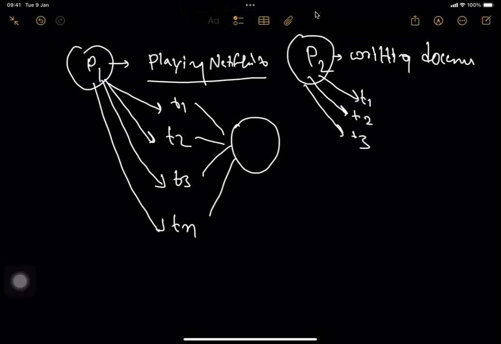Now, the next difference, between process and thread. Take the example of P1 and P2. P1 and P2 are two different processes, and each process has its own memory area.